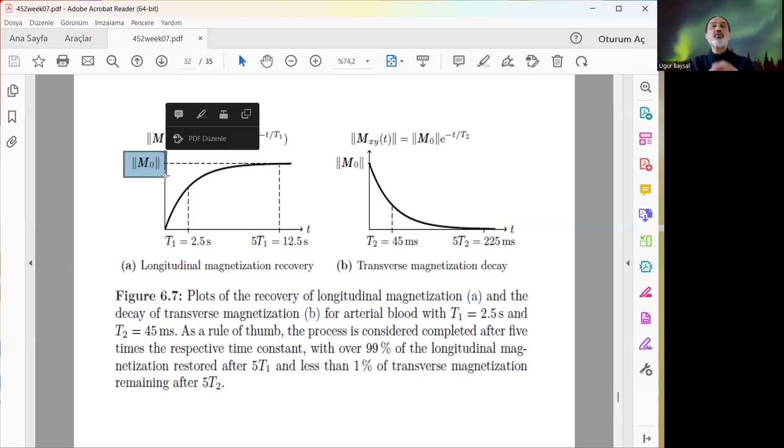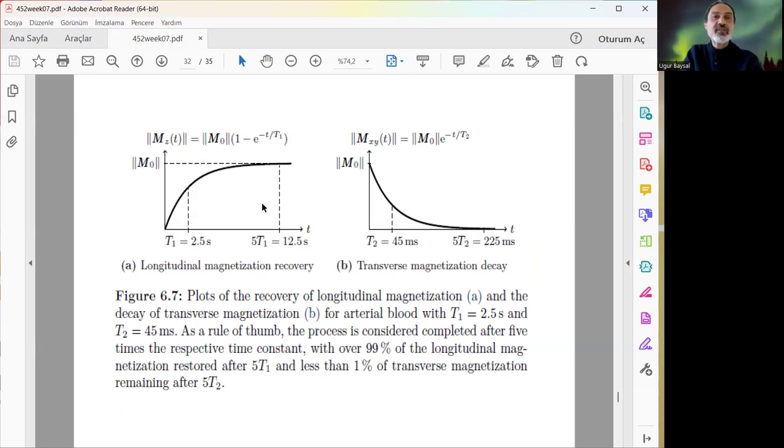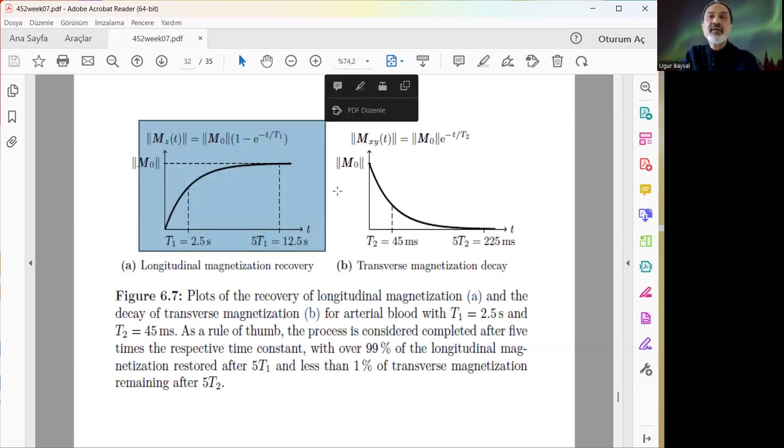M0 is the cumulative magnetization vector of the body, and when it's flipped, the signal becomes zero at the first instant, but later its z-axis, or main field aligned, value relaxes and goes back to the original state with a first order differential equation exponential time constant. So this is related to T1, the first curve on the left side.